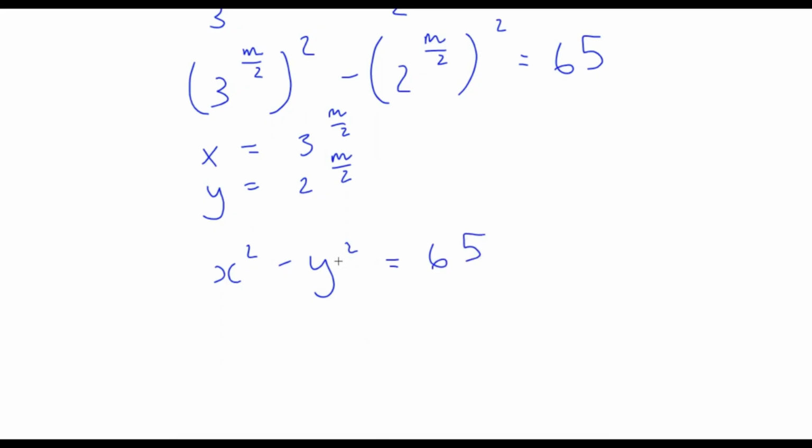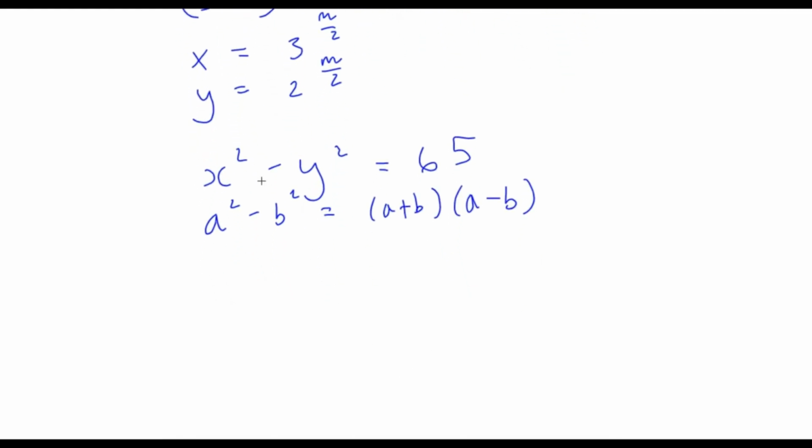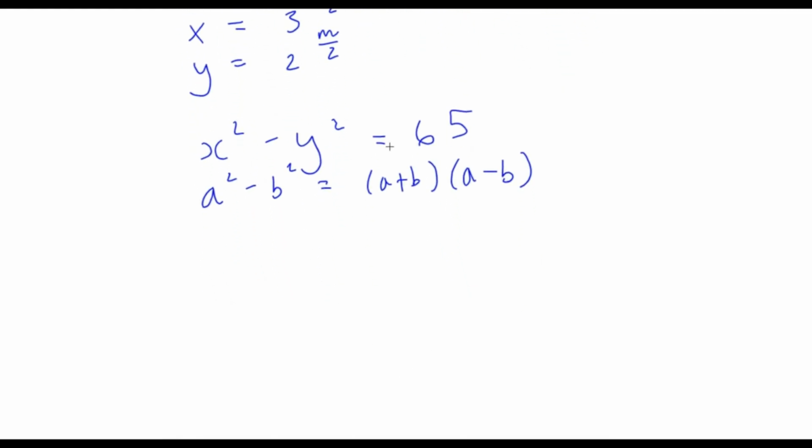So now let's go ahead and solve this problem. If we have something in the form a squared minus b squared, this is equal to a plus b times a minus b. So x squared minus y squared is in the same form, meaning it's the same thing as x plus y times x minus y, and now this is equal to 65.